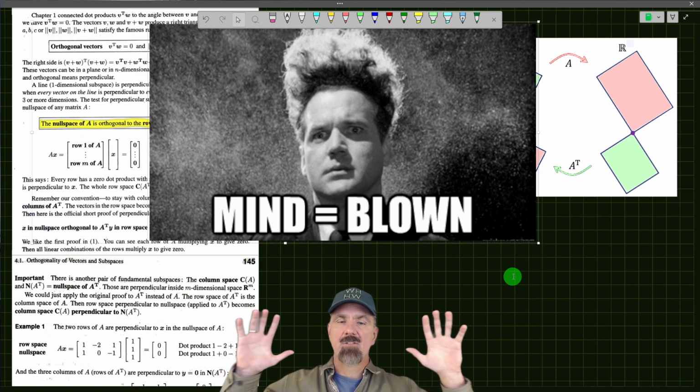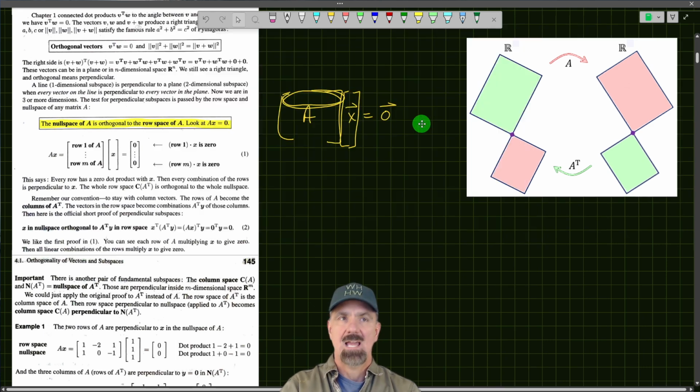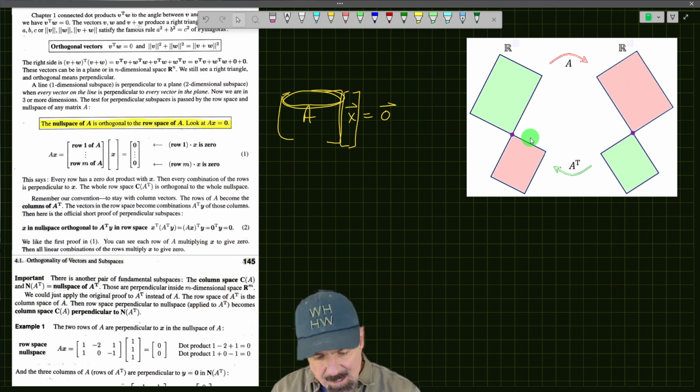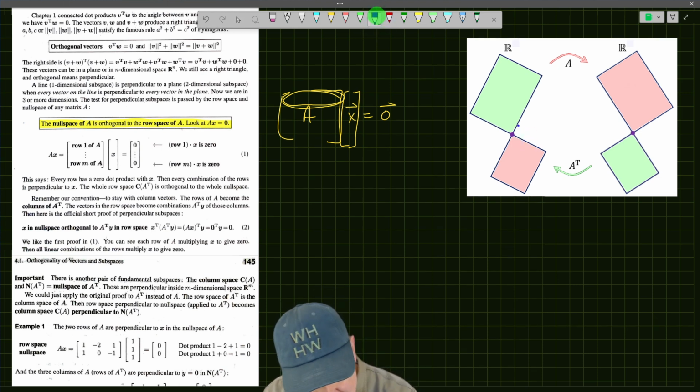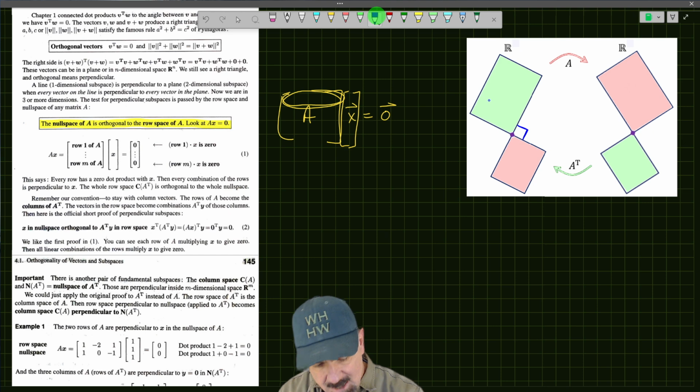On each side of the picture that we have, right? On this picture here, the reason it's drawn the way it is, the reason it's not drawn using the clouds that I showed you initially, is because these subspaces are orthogonal to each other. All the vectors that are in the row space, that's here, this is the column space of A transpose, are orthogonal to all the vectors in the null space.